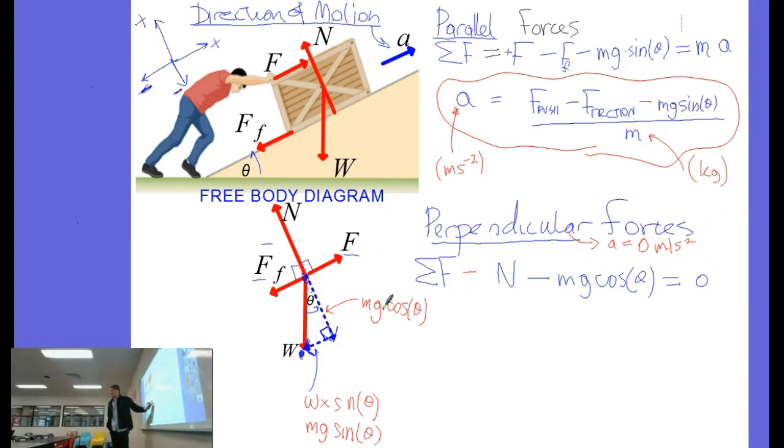Okay, so then what does this tell us? That the normal force is balanced out by the cosine trig ratio of the weight force. And that's a cool little equation, because it actually gives us a way to calculate or measure the size of this normal reaction force, being just the mass times gravity multiplied by the cosine of the angle.